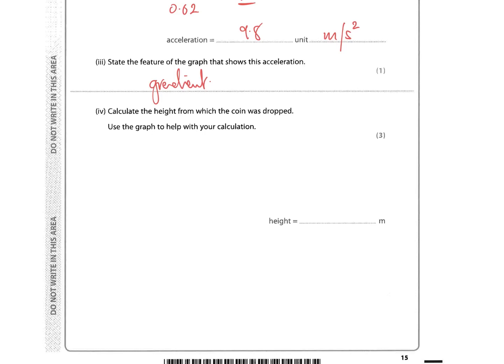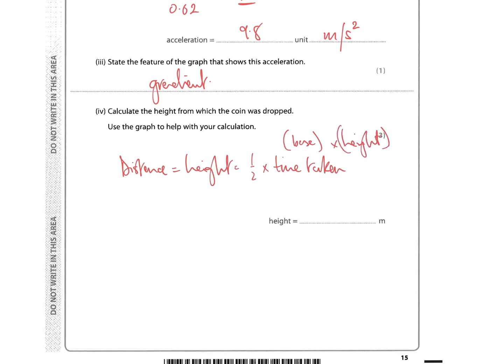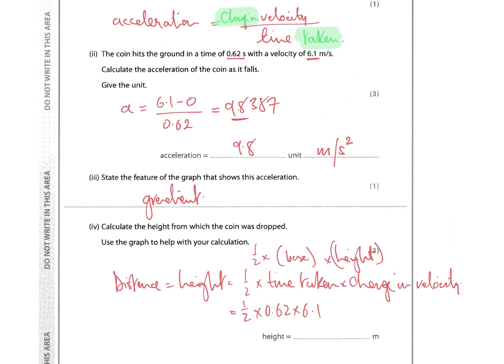into my equation, that gives me the distance, which in this case is the same as the height, is a half times the base, which is the time taken, technically, times the height, which is the change in velocity, which gives me a half times 0.62 by 6.1, values taken from just up here.